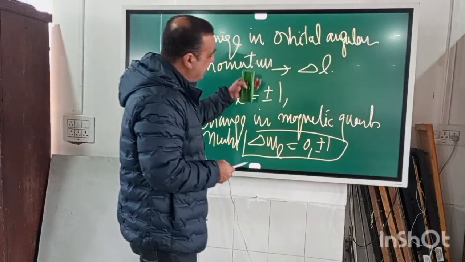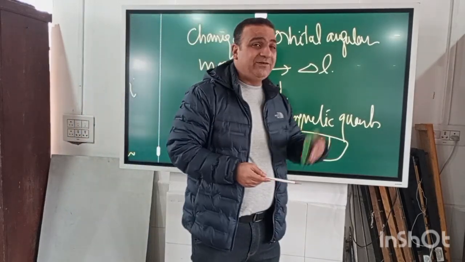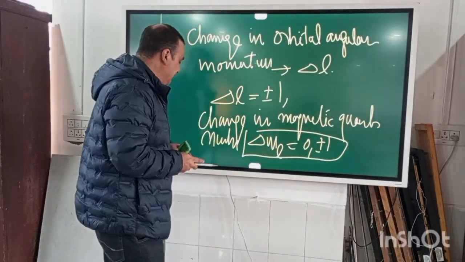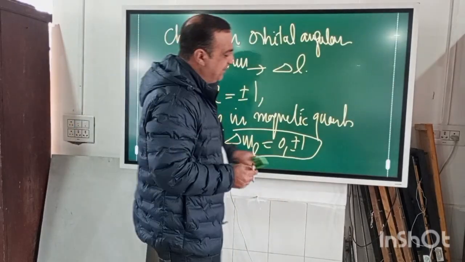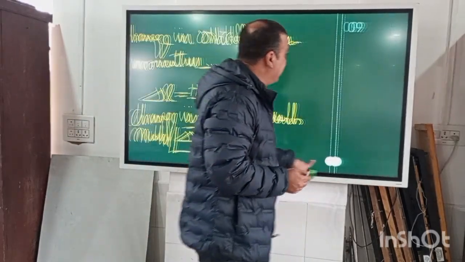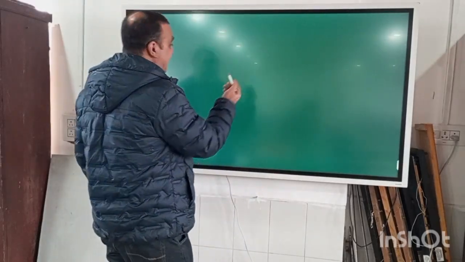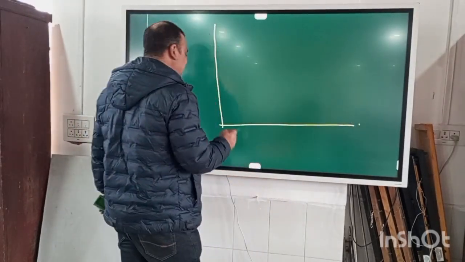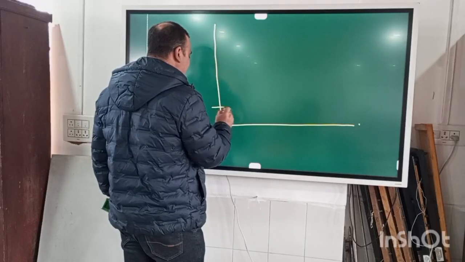So this is the key for demonstrating the allowed and the forbidden transitions in the case of the hydrogen atom, and we can sketch that as an exercise. You can sketch all of those possibilities.